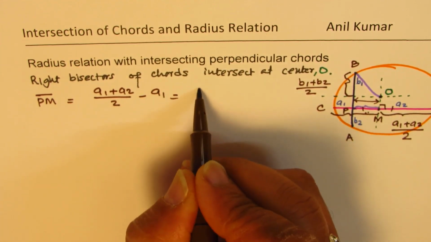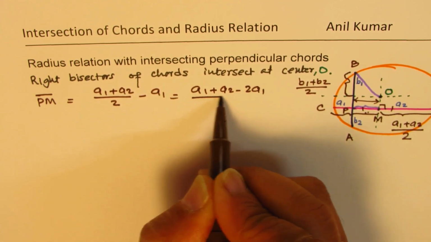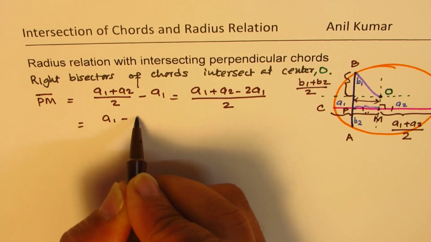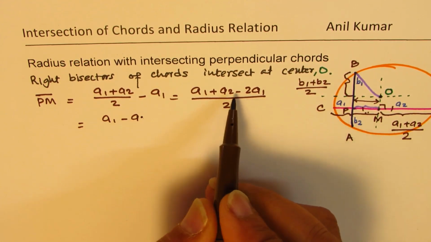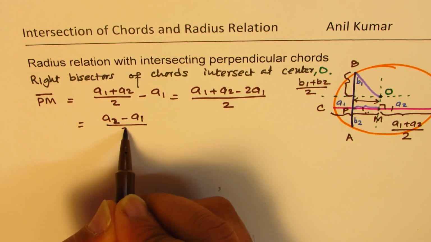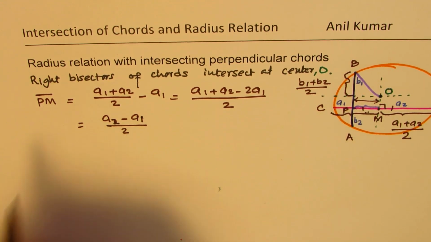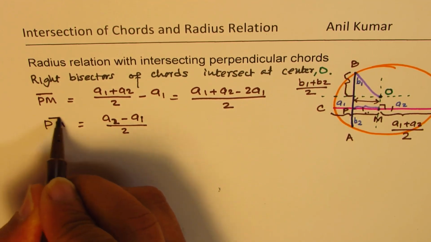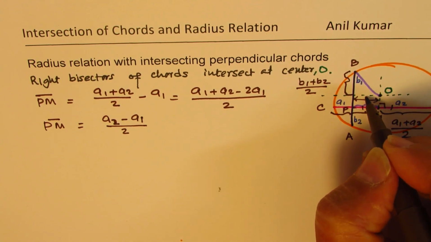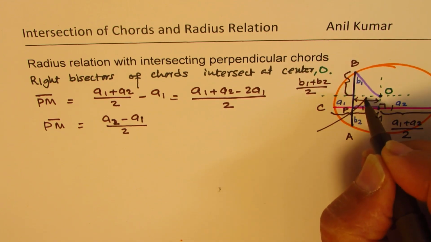So we could now say this is A1 plus A2 minus 2 times A1 over 2, which is basically A2 minus A1 divided by 2. Clear? So this length PM is A2 minus A1 divided by 2. Okay. So we get this length also, which is, okay, let me write here itself.